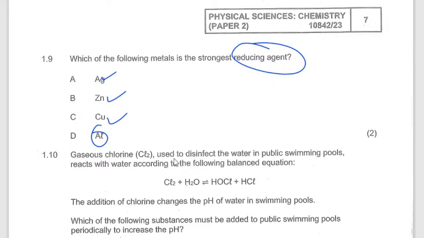The gaseous chlorine used to disinfect water in a public swimming pool reacts with the water according to the following balanced equation. The addition of chlorine gas affects the pH of water in the swimming pool.